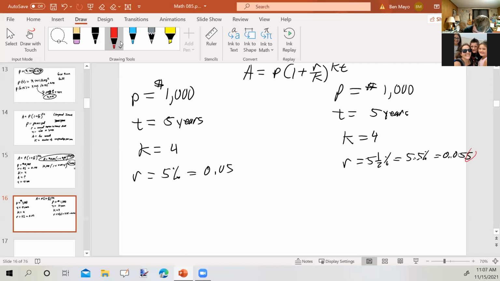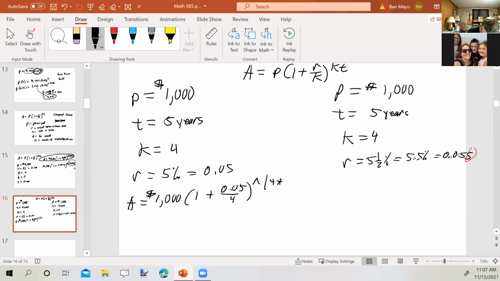So we've got that extra 5 out here because it's a slightly higher rate. So A equals $1,000 times 1 plus 0.05 over 4, close it up, to the 4 times 5 power.